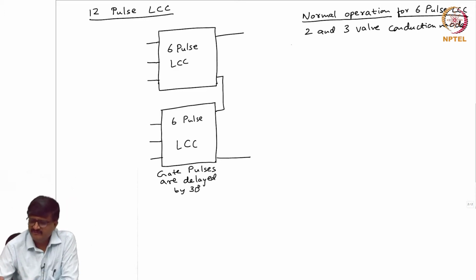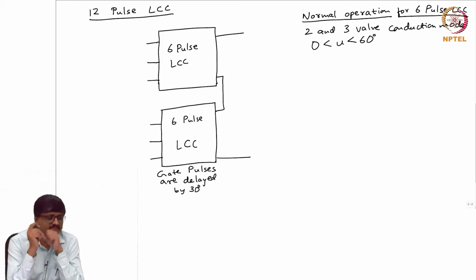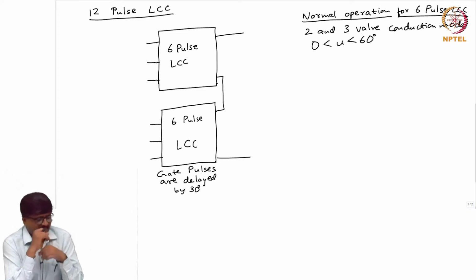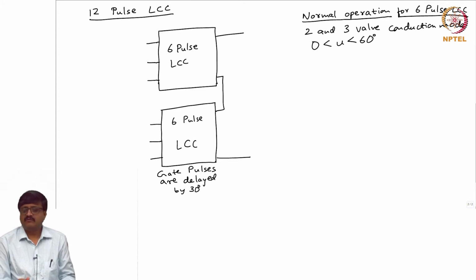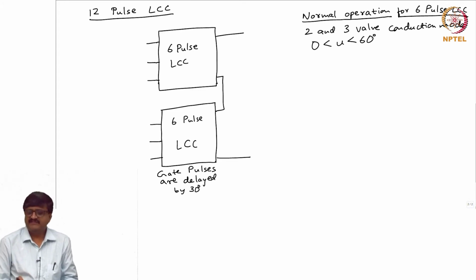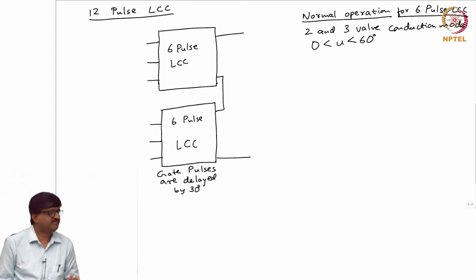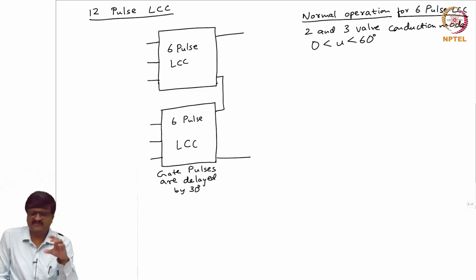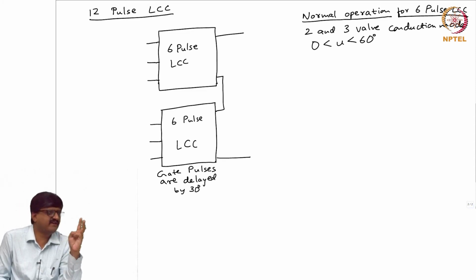One point to notice: when I have 2 and 3 valve conduction mode, the value of u is between 0 and 60 degrees. Both 6 pulse LCCs are having 2 and 3 valve conduction mode. That means, if you take any 6 pulse LCC, at any instant either 2 valves or 3 valves are conducting.